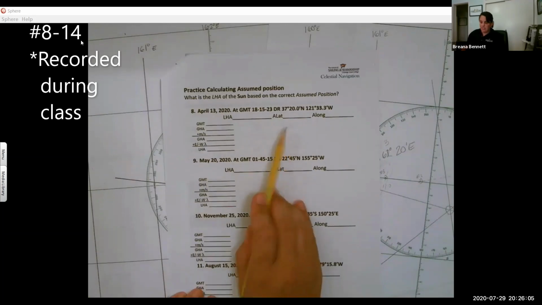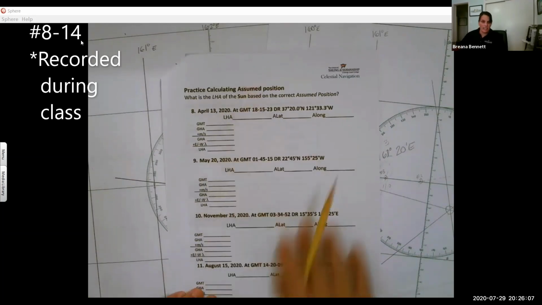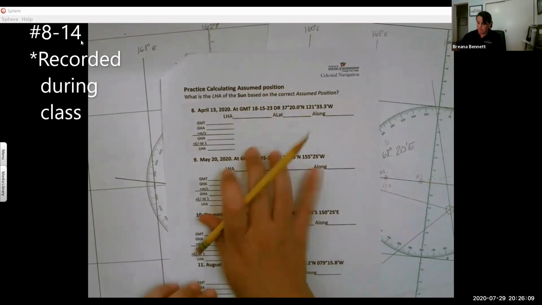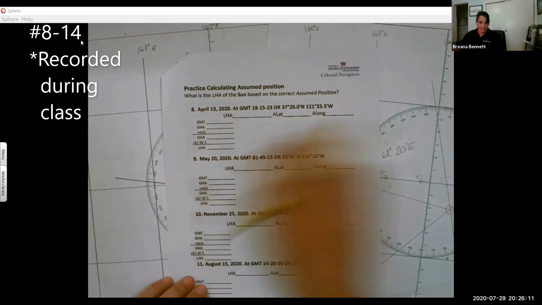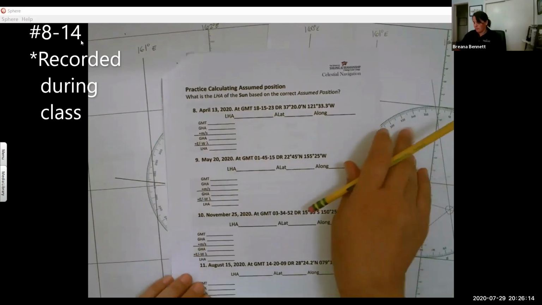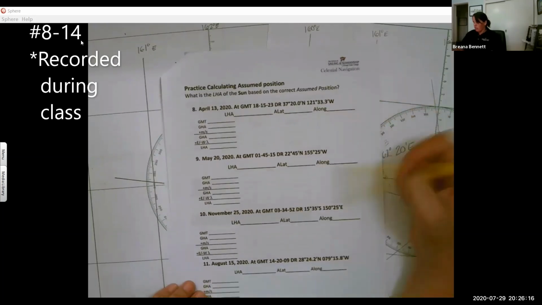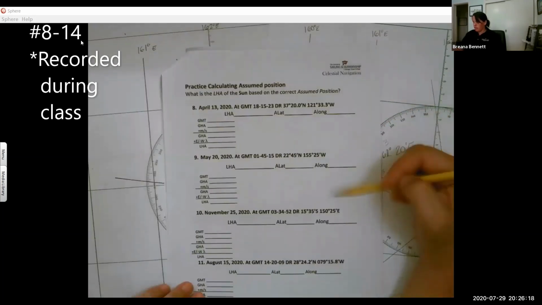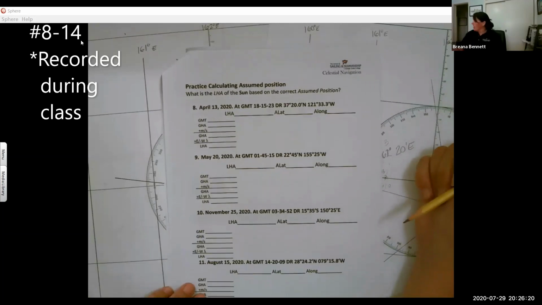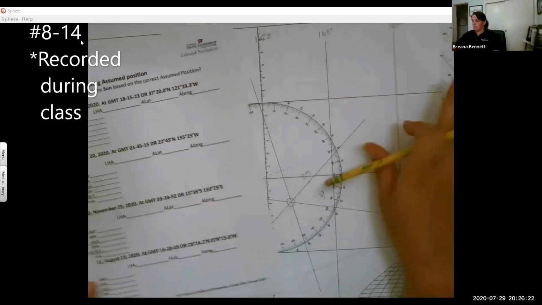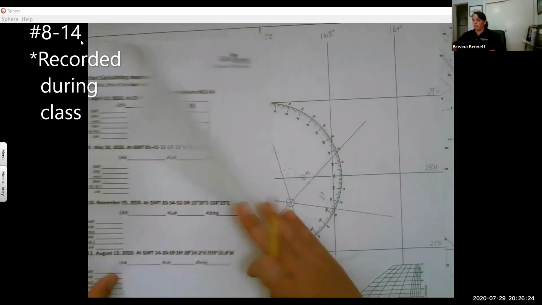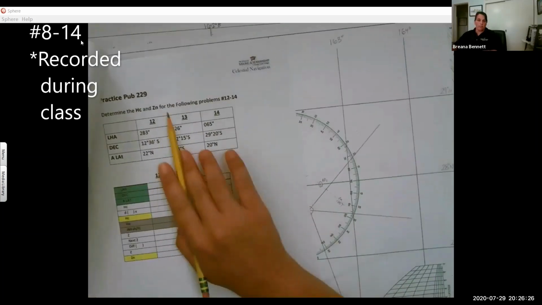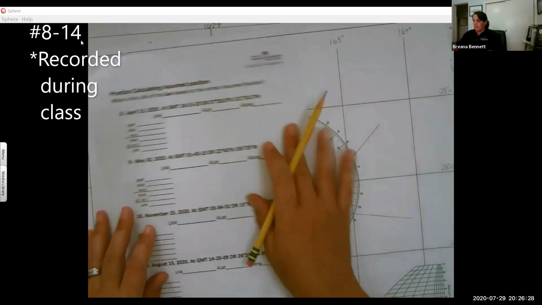So now we're going to go back to the pub and start calculating things. Now that we've practiced a little bit of plotting, we'll do at least the first two. And then the next page is Pub 229 practice.